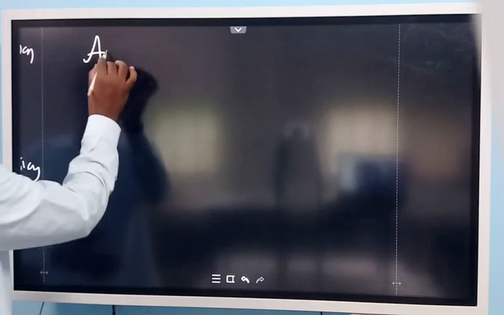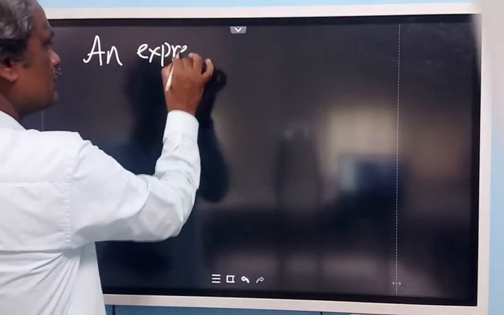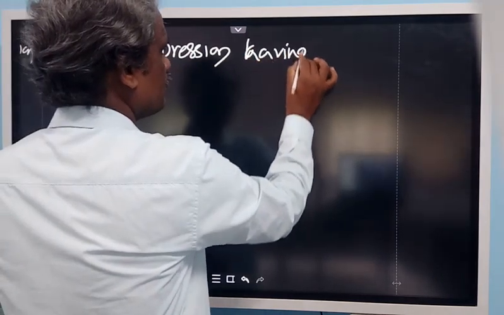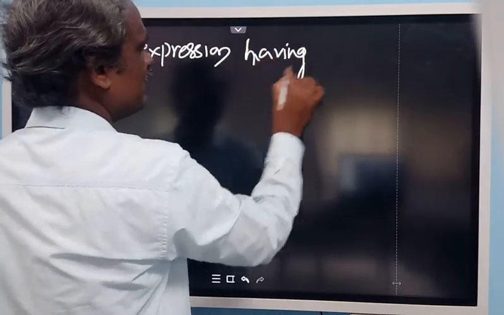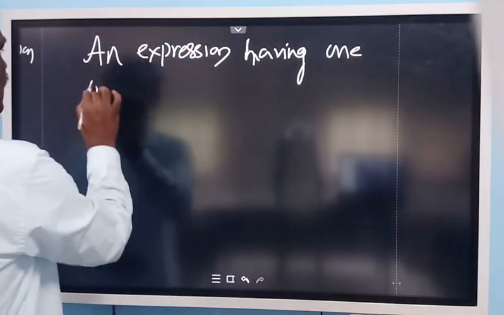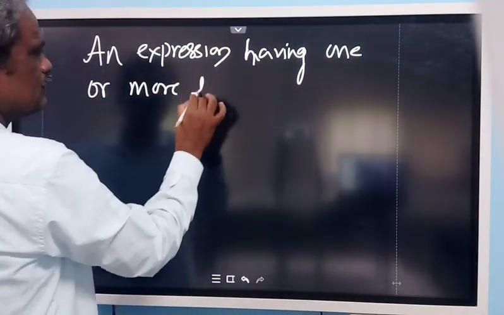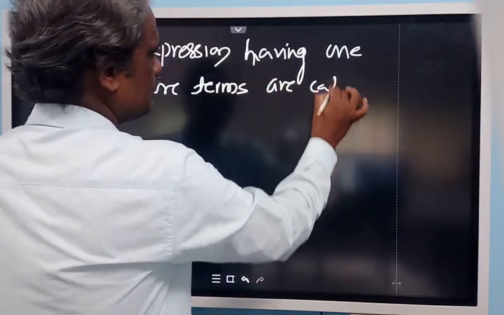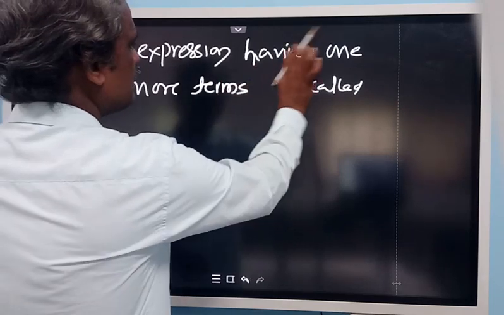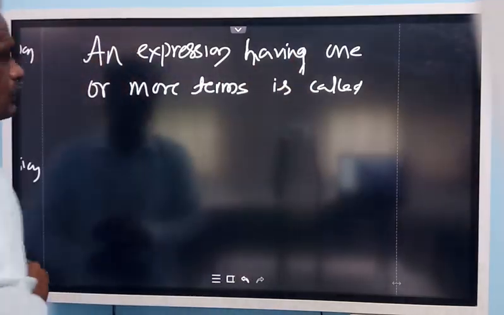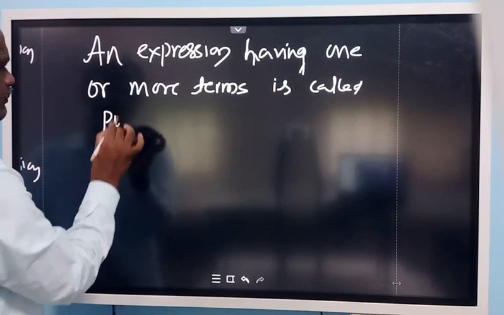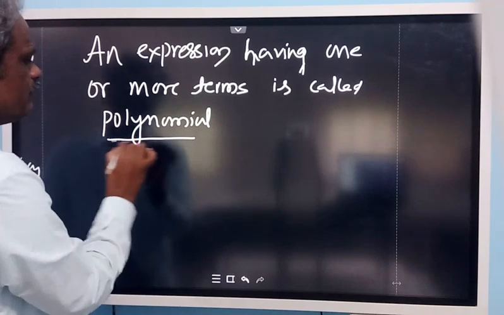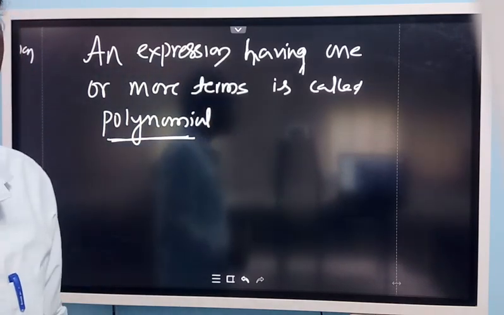We can give a general name: an expression having one or more terms is called a polynomial. So a polynomial is an algebraic expression having one or more terms.